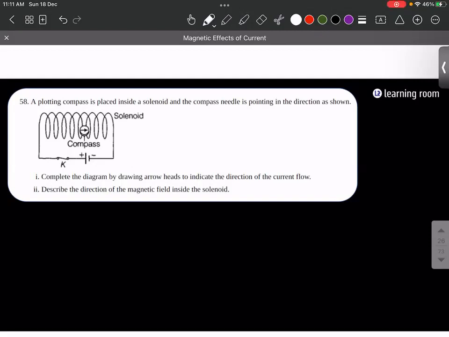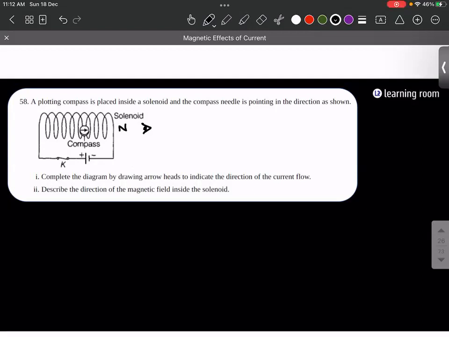Keeping that aside, see, if you see from this side, what pole is this? South Pole. What did I tell you? Inside the solenoid, the magnetic field is from south to north, no? So then this should be the North Pole, no?